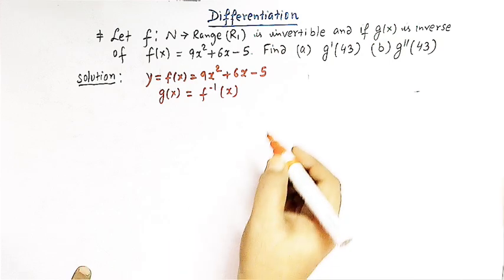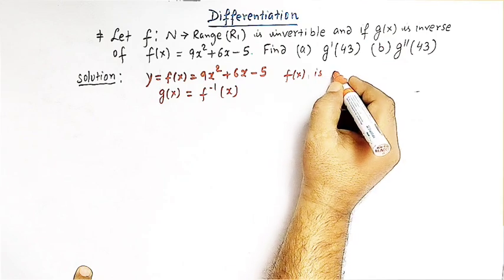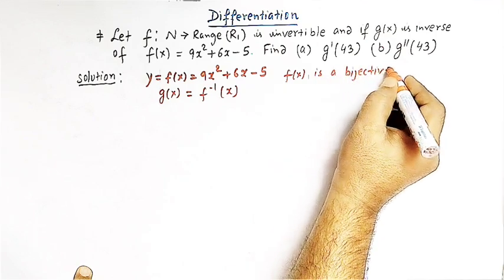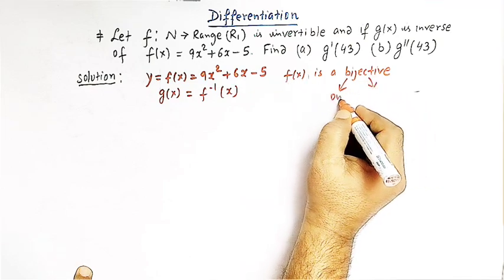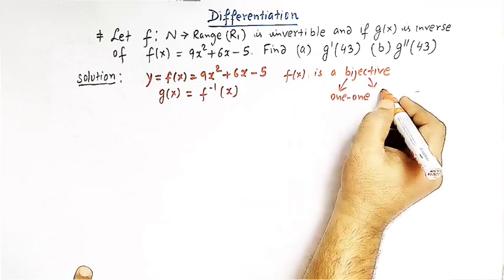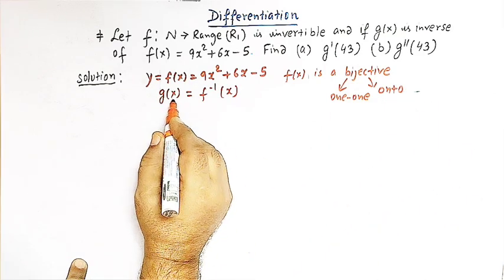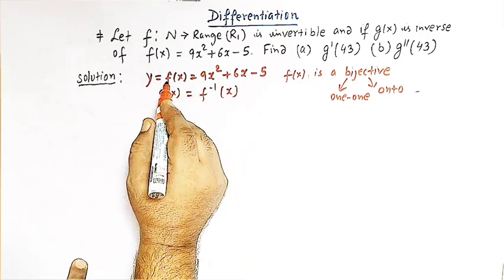It implies that the function f of x is a bijective function. So f of x is bijective, so it implies that f of x must be a 1 1 and onto function, right?